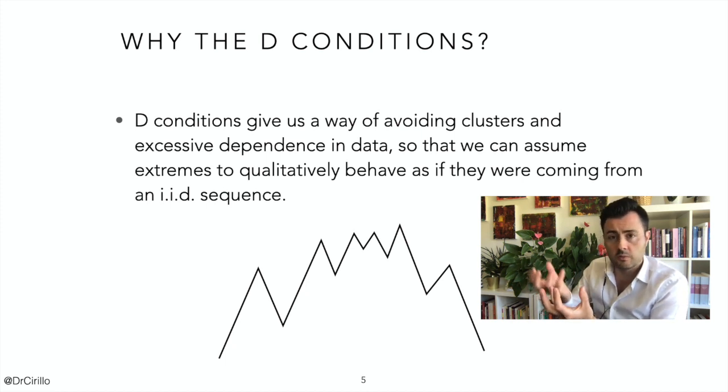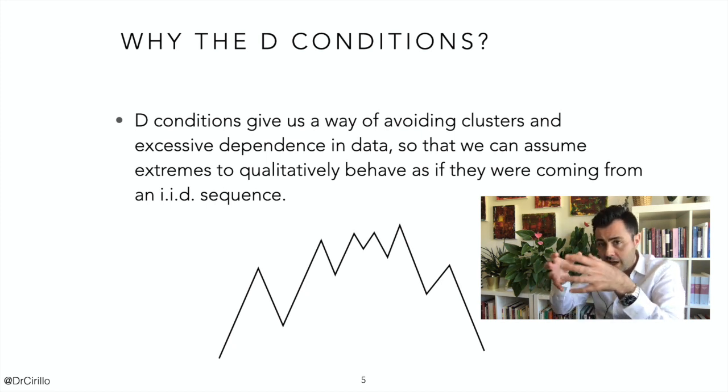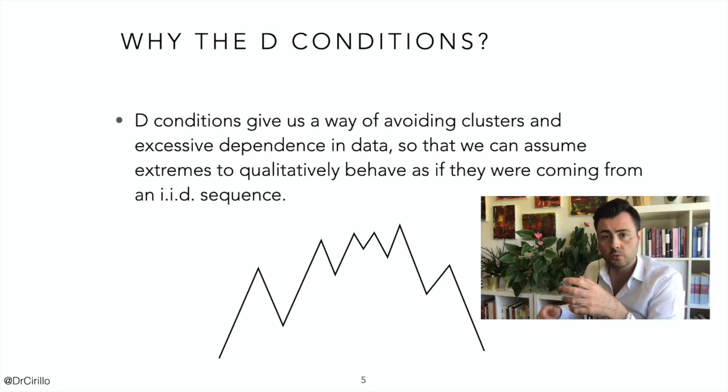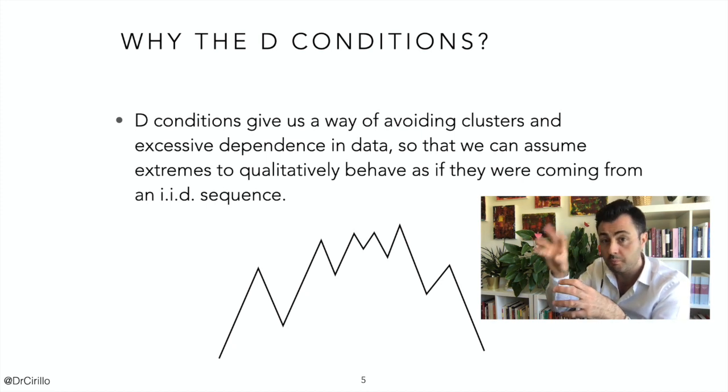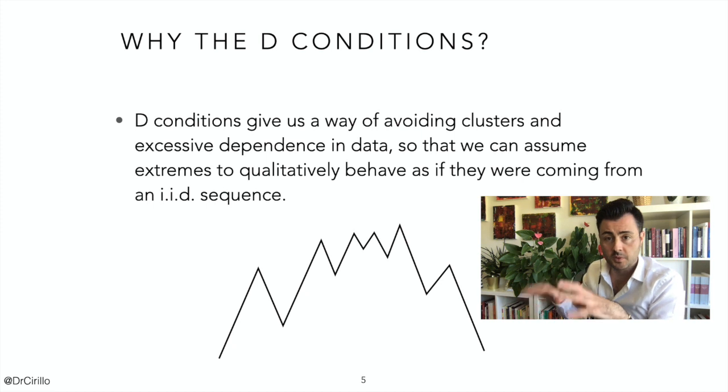Okay, with one of the D conditions, we want to avoid observing clusters of extremes altogether. So we will try to pick one of these extremes and ignore the others. So this is the anti-clustering condition.